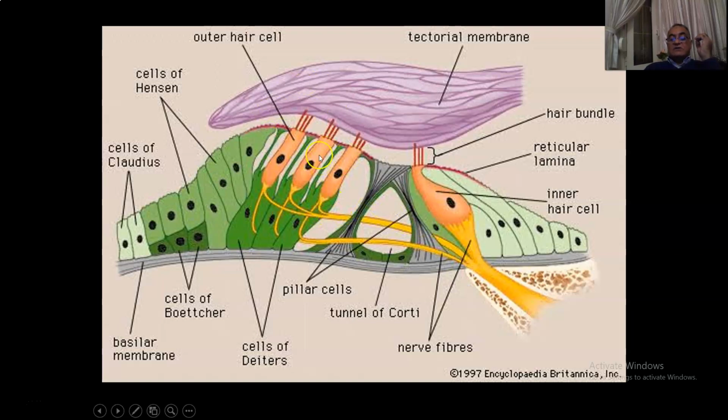The outer layers are responsible for 5% of the impulses, and the inner hair cells discharge 95% of the impulses to the fibers of the cochlear nerve, spiral ganglia, forming the cochlear nerve.